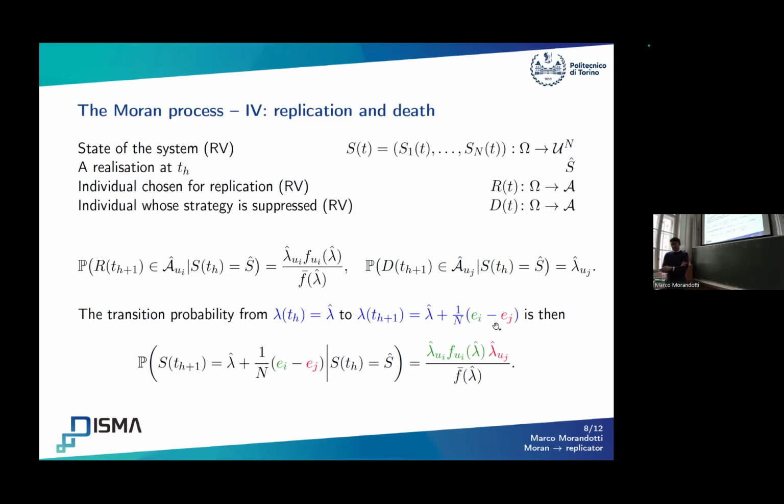I need to average them out by 1 over n, and that's the thing that I need to look at. And multiplying the two things that I computed before, the probability of switching, like that one agent with strategy u_i imposes their strategy on the agent that was previously carrying u_j, is precisely the last item there in the equation. Okay.